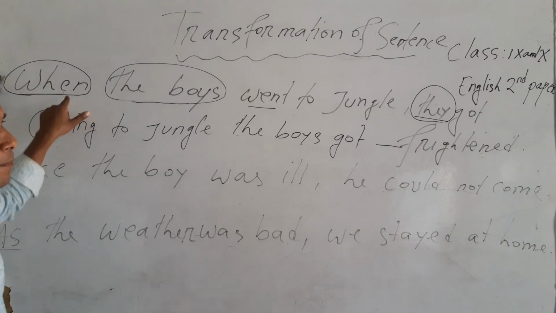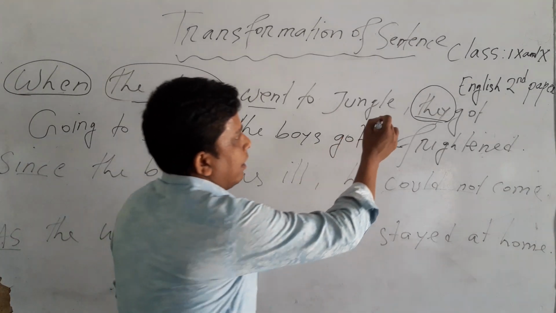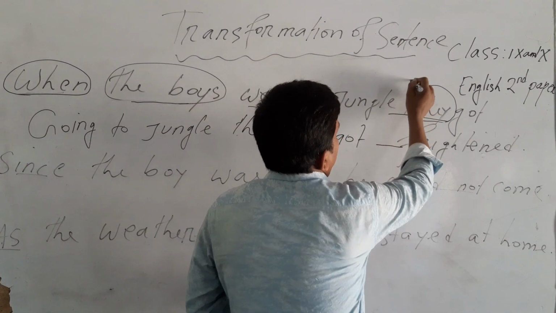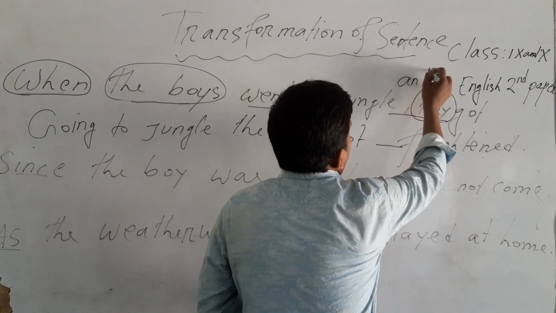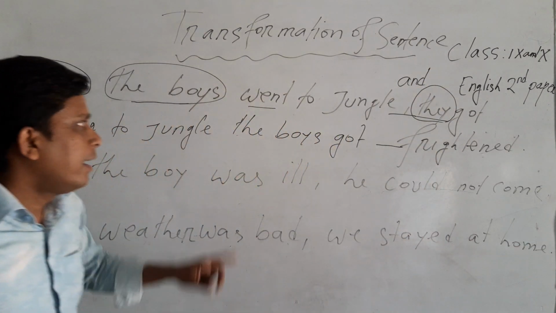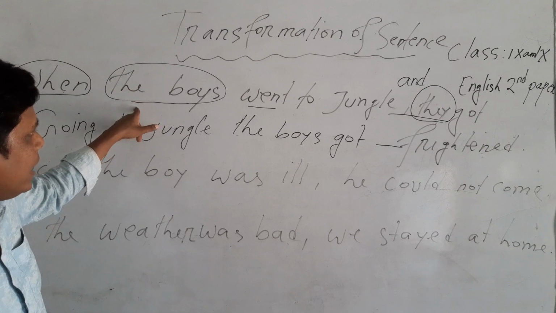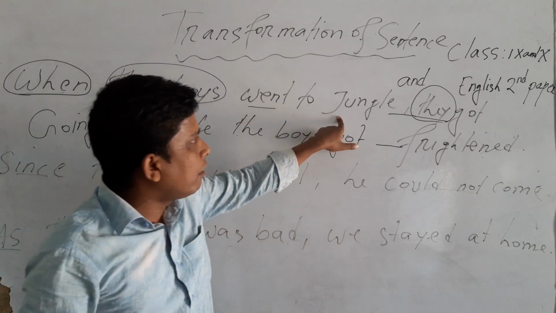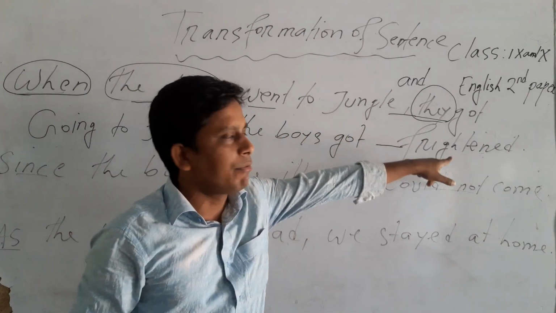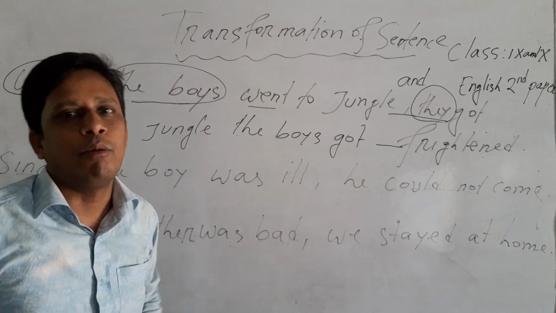Instead of when, you will have to write and, where there is a comma. If I write, the boys went to the jungle and they got frightened, this is now a compound sentence.